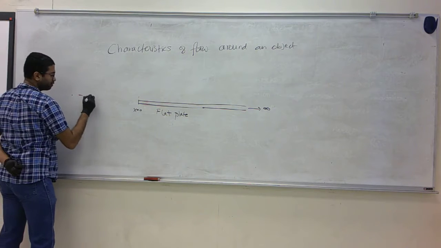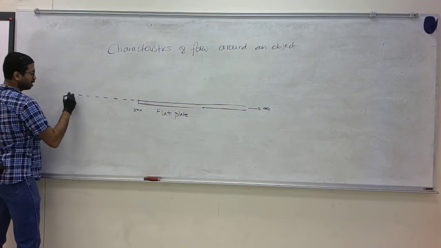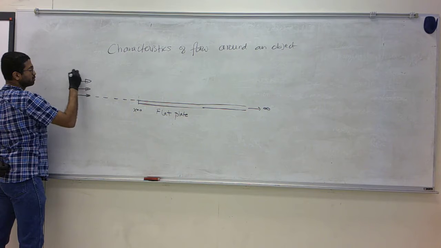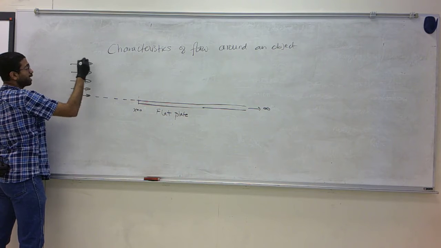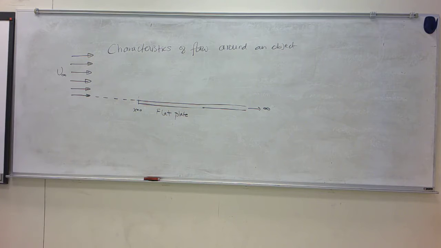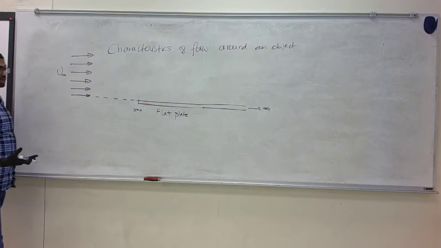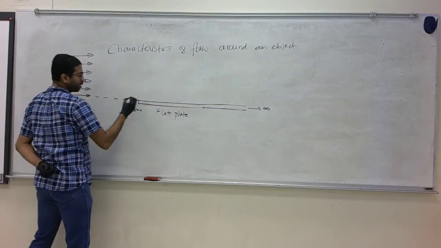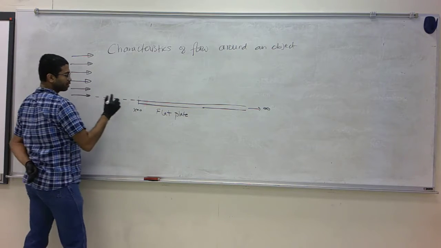Let's say we have a uniform flow that is approaching the plate, and we want to just casually think sequentially about what happens to the flow. Until it reaches the plate, let's say the flow is uniform.